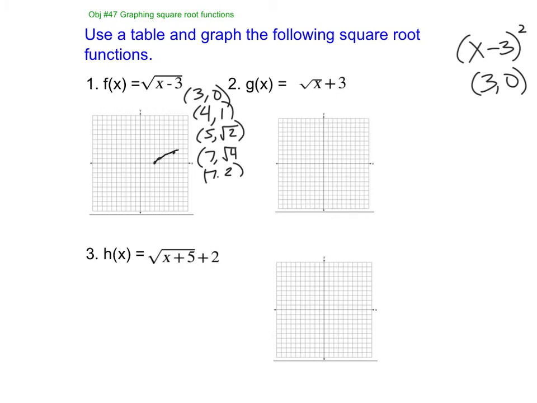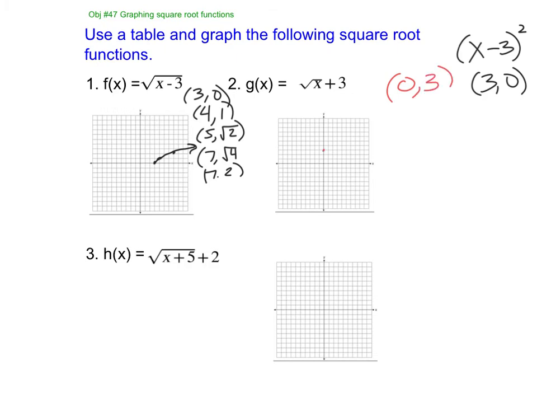So we find what I like to call the starting point. It's not really a vertex like it is with a parabola. So I call it my starting point, and then I'm just going to use the reverse shifting rule of an x squared. What is the starting point for this square root? It's got an outside number. What will make the inside 0? 0, and then 3.